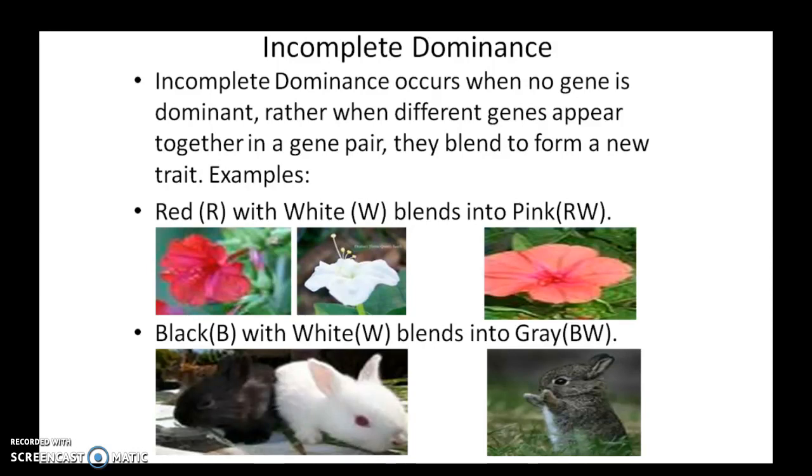Another example would be a black rabbit mating with a white rabbit, which would make a gray rabbit. Both black and white could be dominant genes. So for incomplete dominance, once again, dominance could not be completed because neither gene is more dominant than the other. They are both dominant, so you blend together.